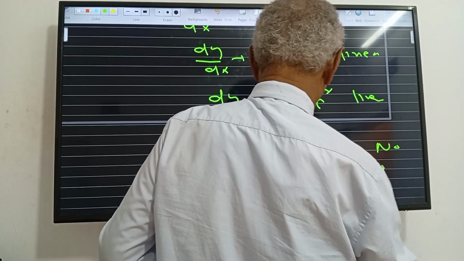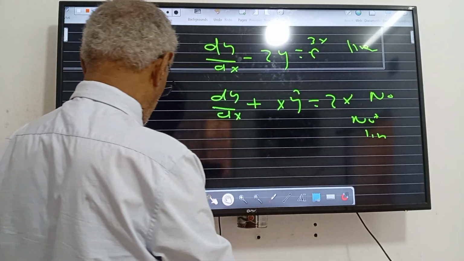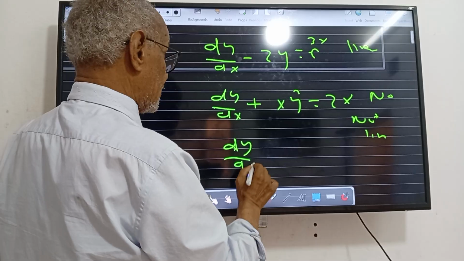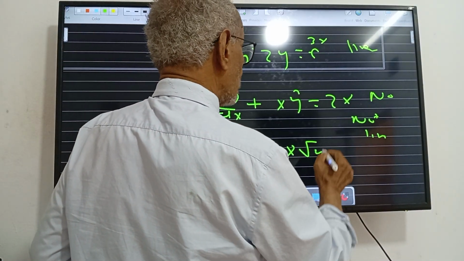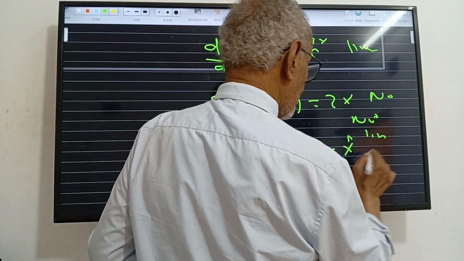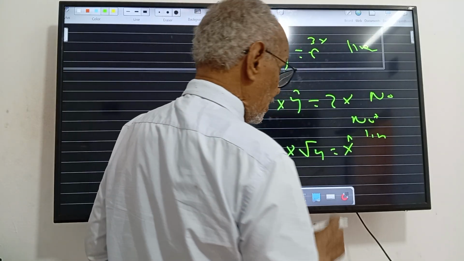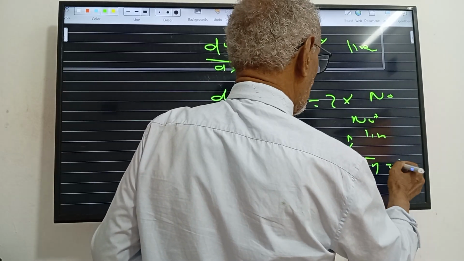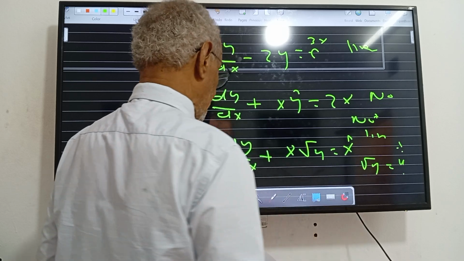Again, let us take another example of non-linear. If we have dy over dx plus x root y equal x squared, this is not linear because y here is raised to the power half, because root y equals y raised to the power half. This is also non-linear.